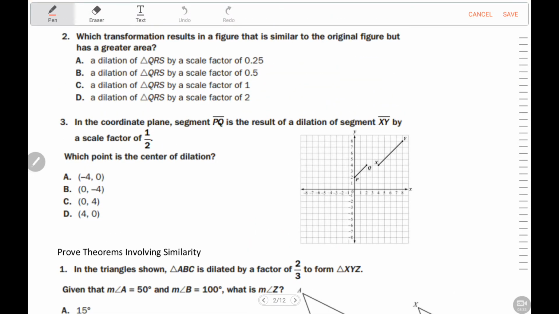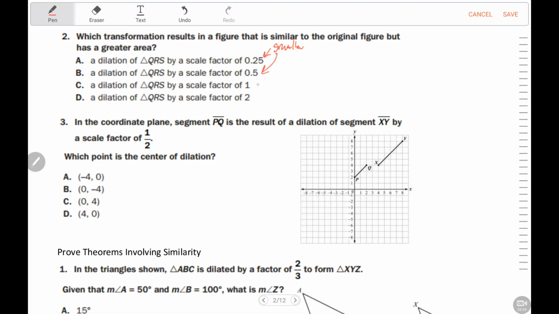Which transformation results in a figure that is similar to the original figure but has a greater area? Similar to the original figure but has a greater area. Okay, so you're dilating. All of these, since they're dilations, are going to be like the original figure, but this one's going to be smaller, so it's going to have a smaller area.